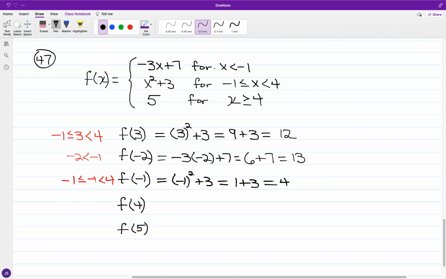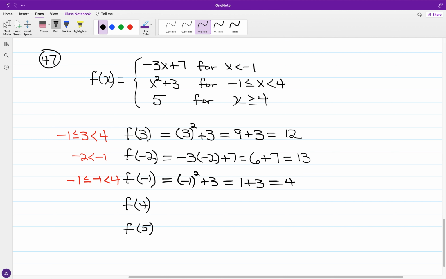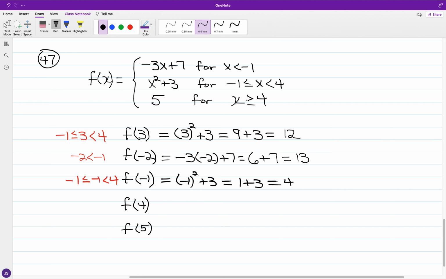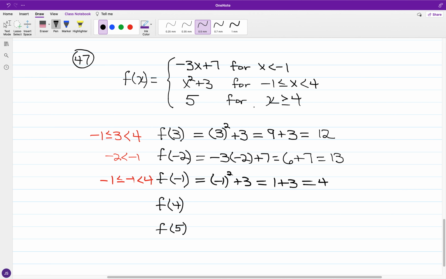Now for f of 4, 4 appears twice in the inequalities, so we check which one it belongs to. 4 cannot be less than itself, nor can it be greater than itself, but it is equal to itself, and the equal sign appears in the last of the inequalities.